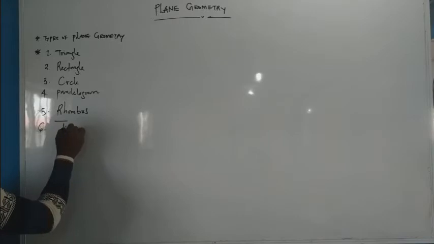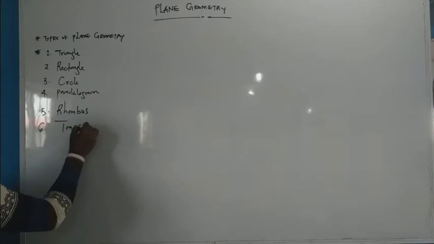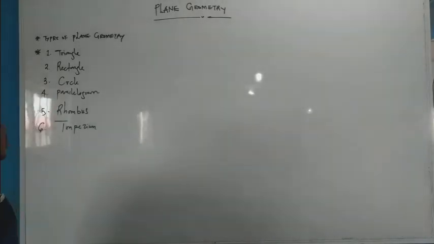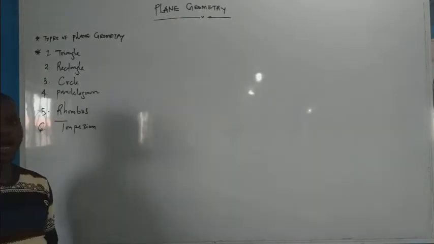So these are examples of the plane shapes we're going to be dealing with under plane geometry. The aspect we're looking at is how to find the areas and the perimeter of these plane shapes.